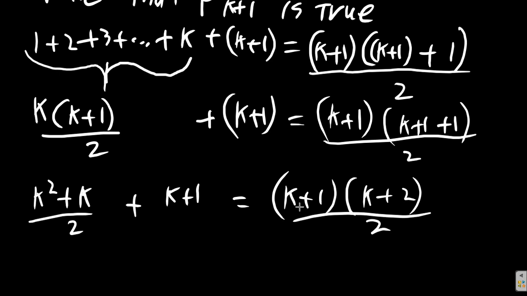Alright, so we have these things divided by 2. Let's use common denominators. This will be over 1. Let's multiply the denominator by 2, but we must also multiply the numerator by 2.